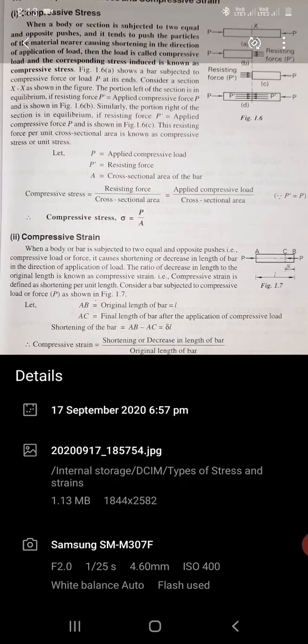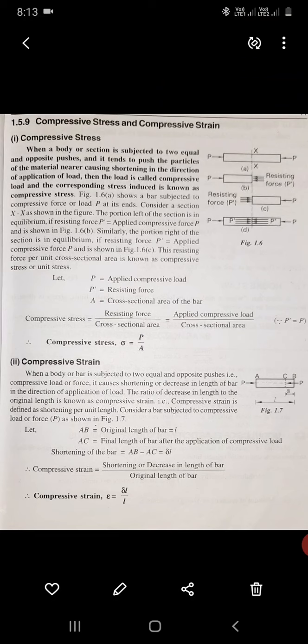So compressive strain. When a body is subject to two equal opposite pushes, it causes shortening or decrease in length of the bar in the direction of application of load. The ratio of decrease in length to original length is known as compressive strain. The compressive strain is shortening per unit length. As you can see in figure 1.7, P is trying to compress the original section AB.